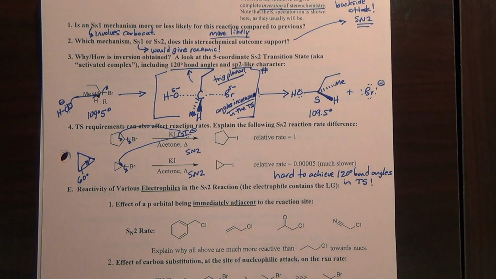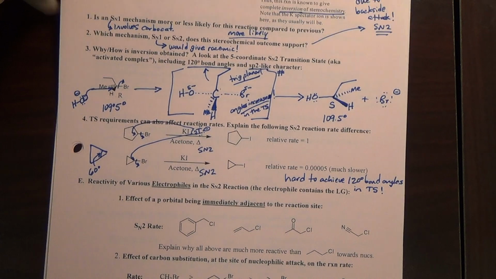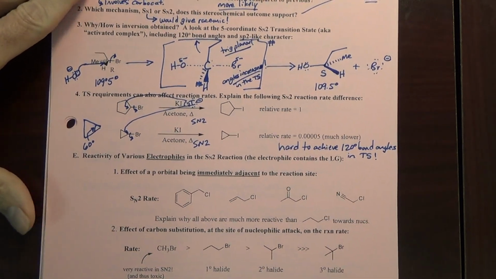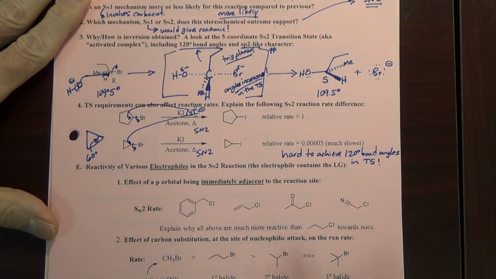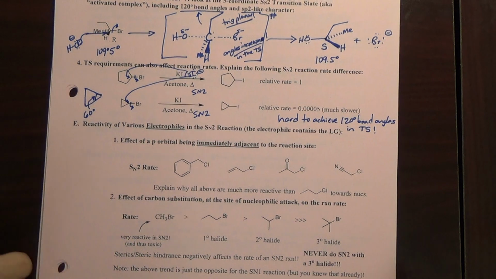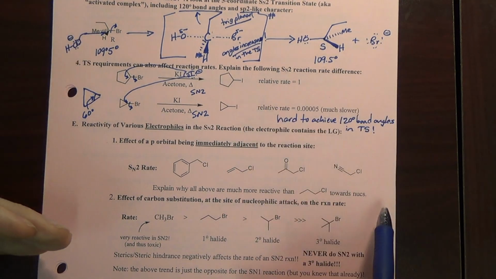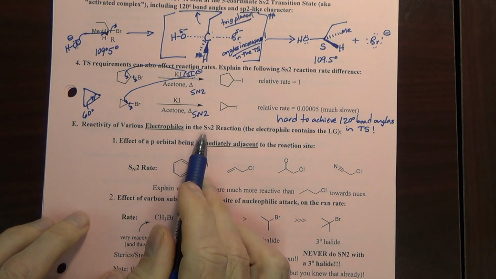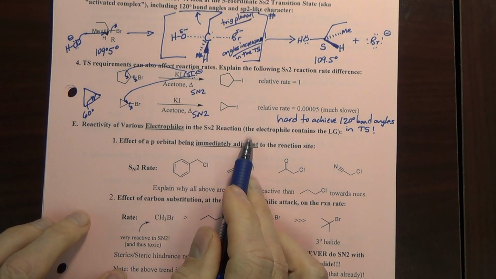Hi guys, let's continue our look at substitution reactions, and we'll pick up here with section E, reactivity of various electrophiles in the SN2 reaction. As we move along here for the next lecture or two, we'll focus on SN2 reactions.